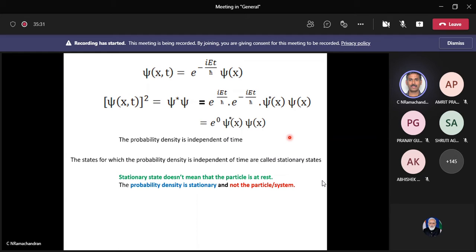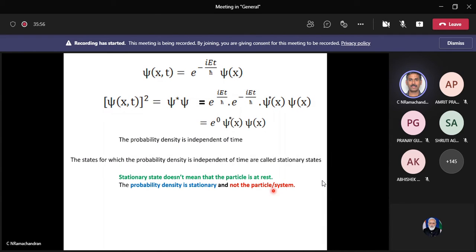Stationary state doesn't mean that the particle is at rest, because when we take the word's meaning, sometimes you will be confused. Oh, stationary, okay, dead. No, nothing like that. Stationary state doesn't mean that the particle is at rest. The probability density is stationary and not the particle or system.